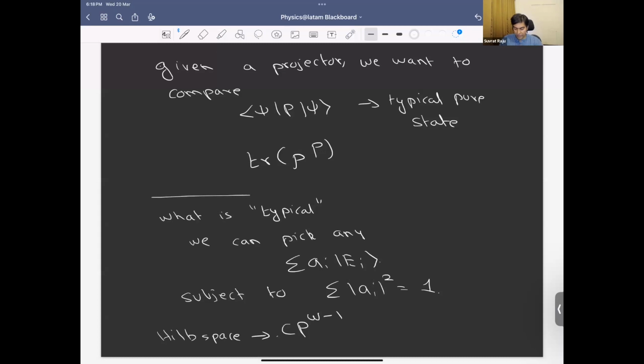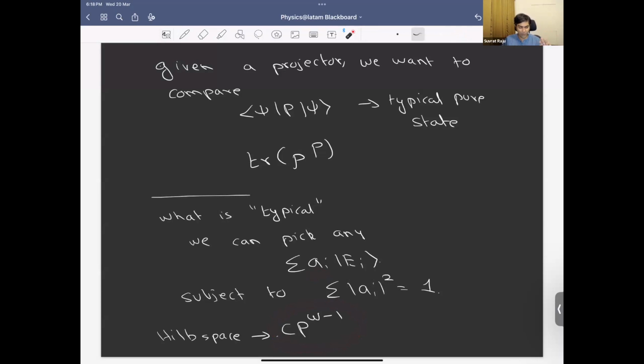The reason for that is that you can pick these complex numbers. There are W of these complex numbers. But one state is the same as another state if I rescale it by a complex number. If I rescale the whole state by a complex number, I get the same state back. Therefore, states are only defined as rays, and that's why you get CP W minus 1, not CP W. So it's a complex projective space.